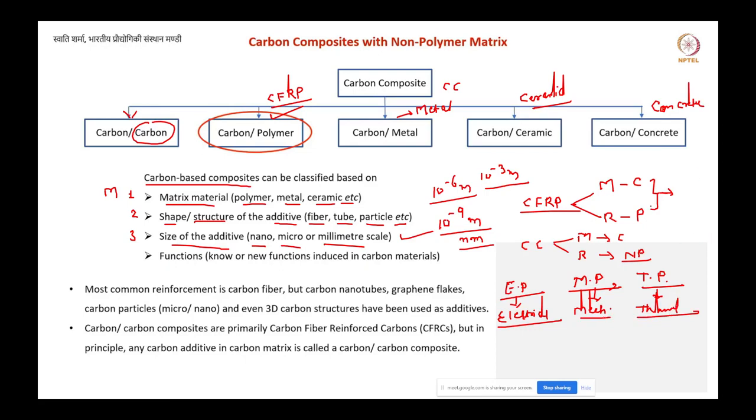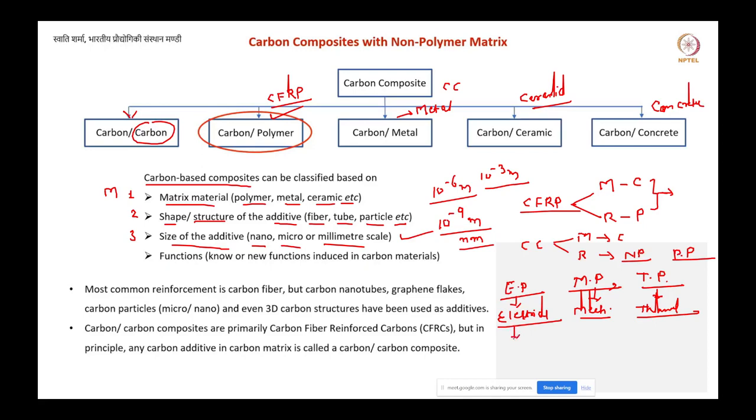You can change the physical property also, you can change the density, and a lot of other things. But mainly, as material scientists, we are interested in electrical and mechanical.